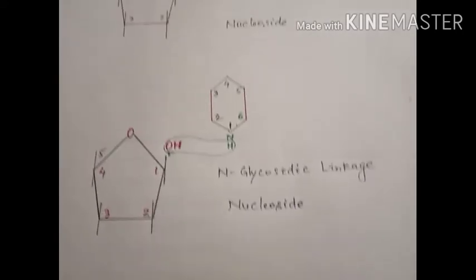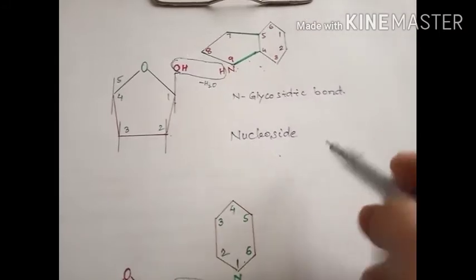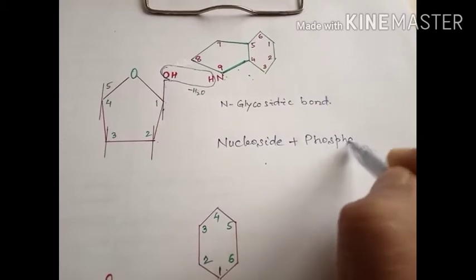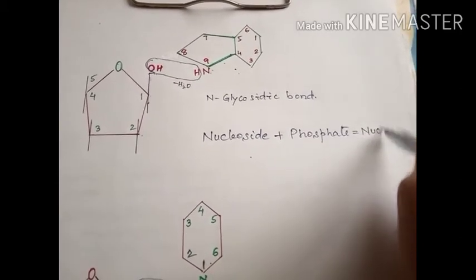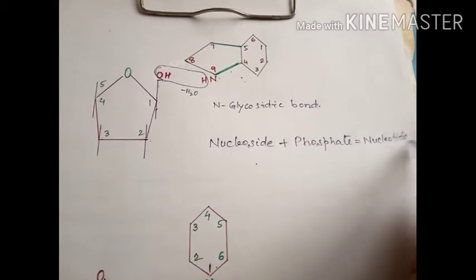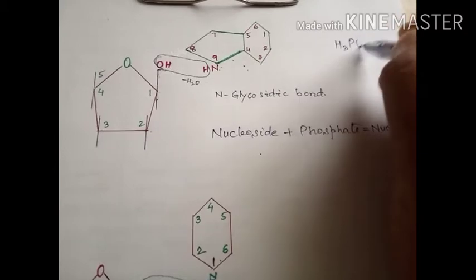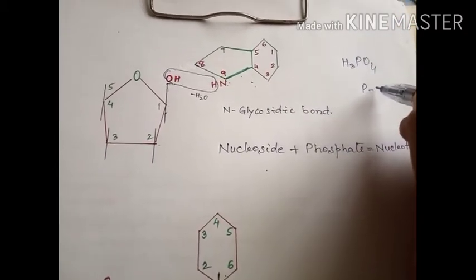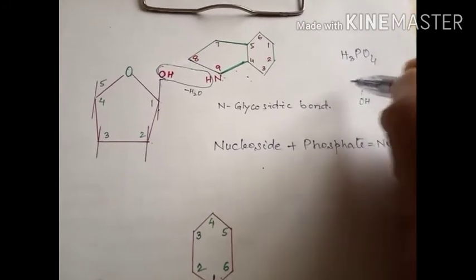Now, we have discussed that when the phosphate group is attached to the nucleoside, means nucleoside plus phosphate, then it forms the nucleotide. So phosphate, we know it is in the form of phosphoric acid, which is H3PO4.